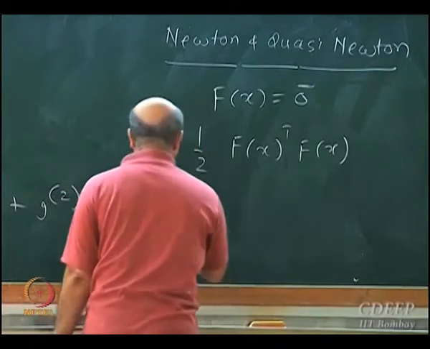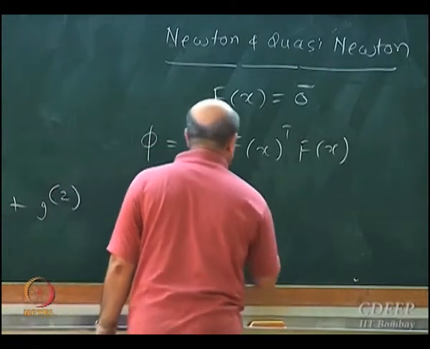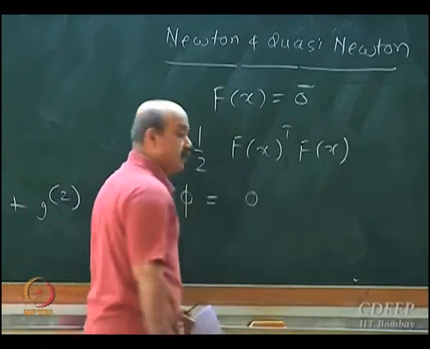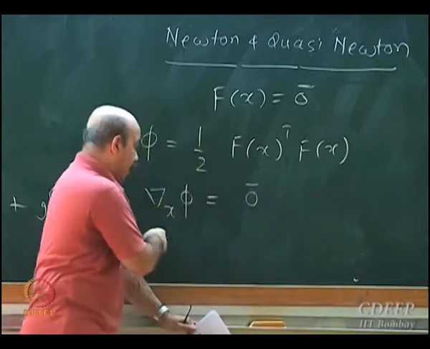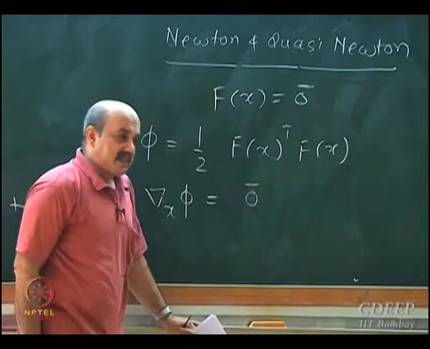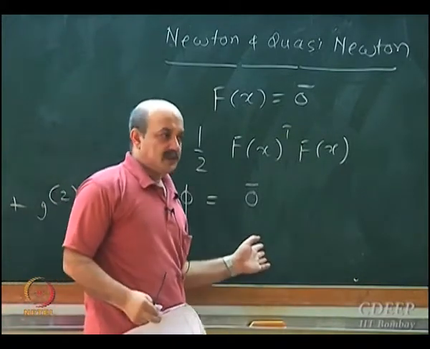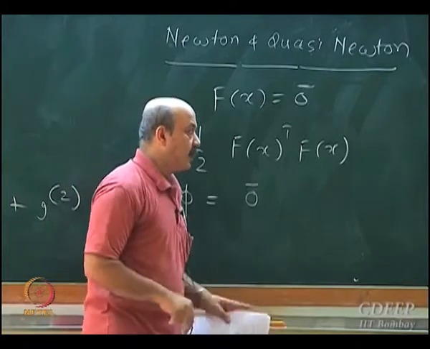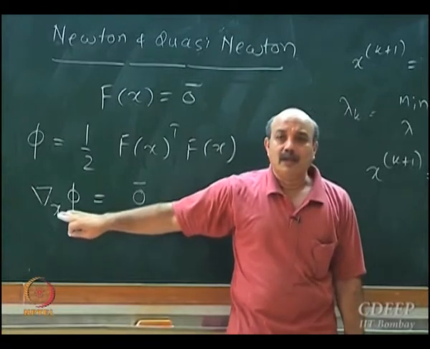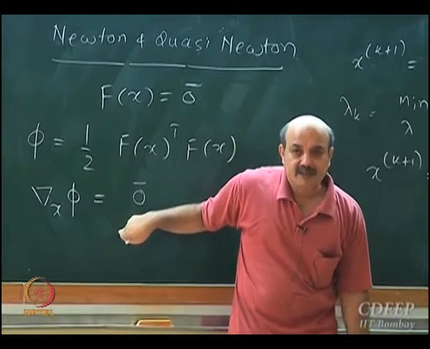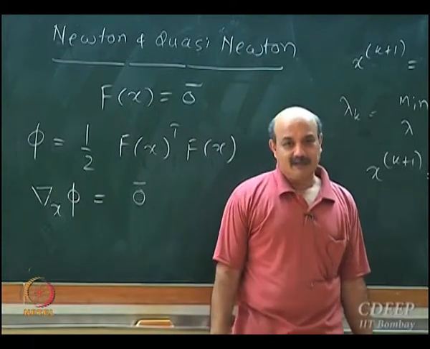Necessary condition for optimality is grad x phi equal to 0. The gradient of this objective function at the stationary point should be equal to 0 vector. This is a nonlinear algebraic equation.